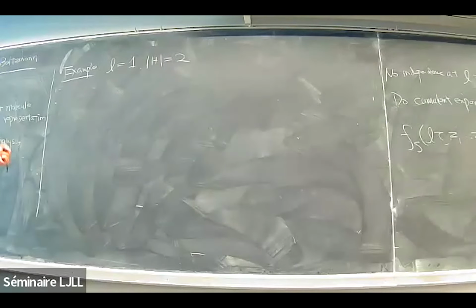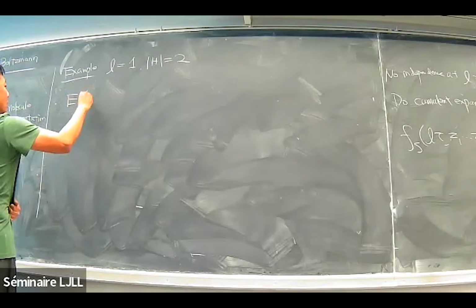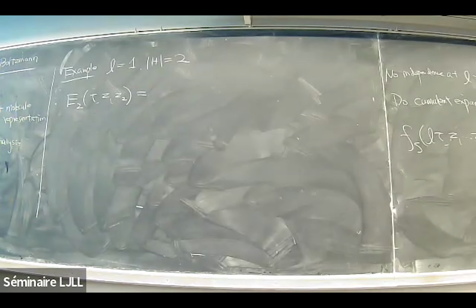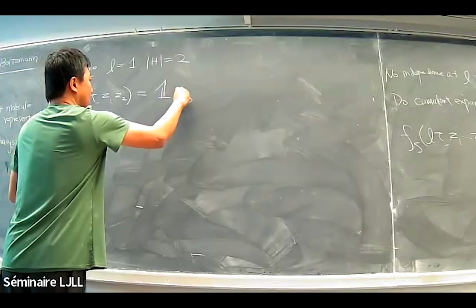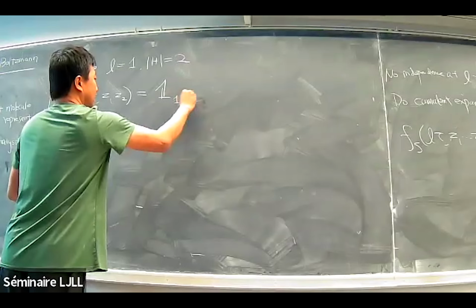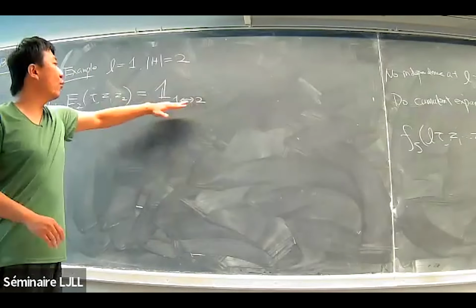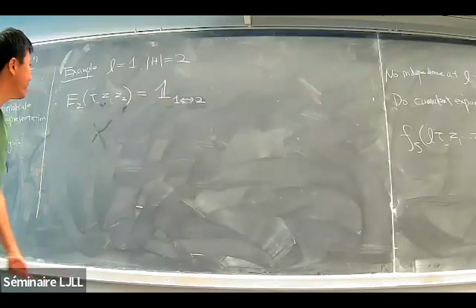As I said earlier, this non-independence happens when two particles collide directly on the time interval 0 to tau, or they are related by a sequence of collisions. So let's say E_2(tau, Z1, Z2). The first term in the expansion of the cumulant is essentially the indicator function that particle 1 directly collides with particle 2 on the interval 0 to tau. So this is an indicator function: it's one if these two collide on 0 to tau, and 0 otherwise.